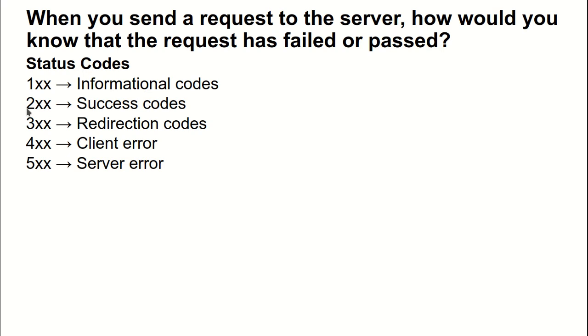If the status code ranges from 200 to 299, then it will show you a success message. If the status code ranges from 300 to 399, then it will redirect you to some area. And if the status code ranges from 400 to 499, then it shows that the client, or you, has made an error.